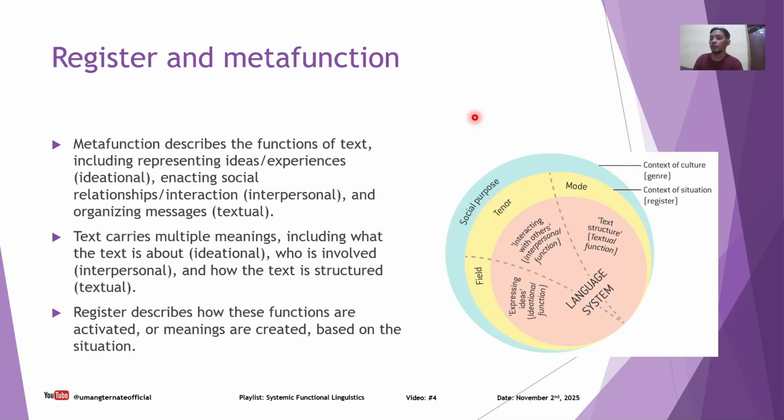We also saw that text carries multiple meanings simultaneously, including what the text is about, or ideational meaning, who is involved, or interpersonal meaning, and how the text is structured, or the textual meaning. So how does register connect to it? Register connects to it because it provides us with a set of lexicogrammatical choices based on the immediate situation or the immediate context.